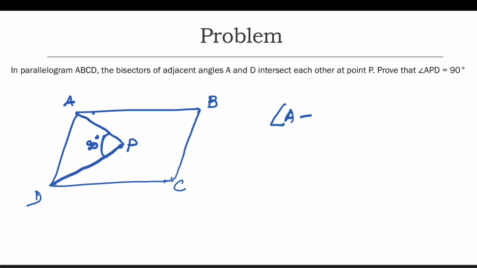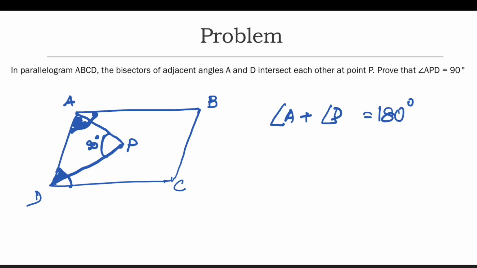Angle A plus angle D equal to 180 degree. We have proven earlier. So this entire angle plus this entire angle is 180 degree. This is one thing which we know. Second, what we know? This half of the angle is angle A by 2.